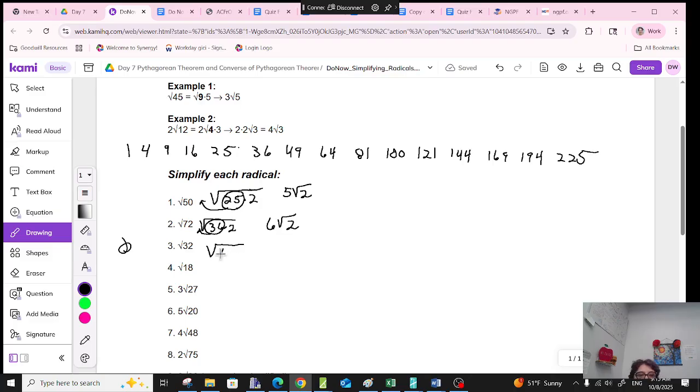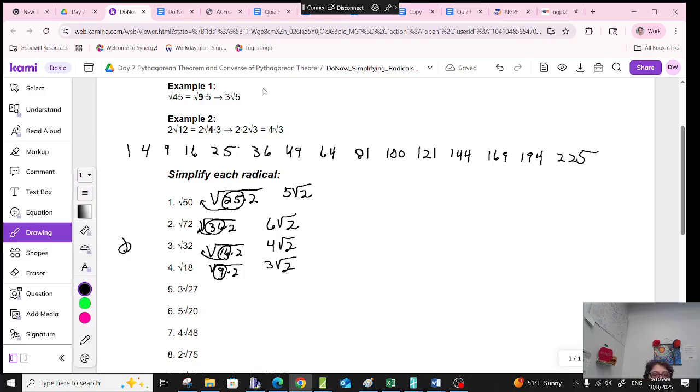So I put 16 times 2. I pull this out. The square root of 16 is 4. And then 2 stays behind. What about 18? What's the largest perfect square that goes into 18? So 9 times 2. The square root of 9 is 3. And then we have 2 left over.